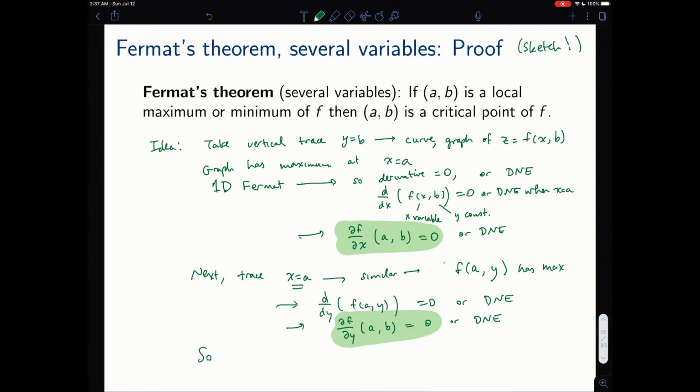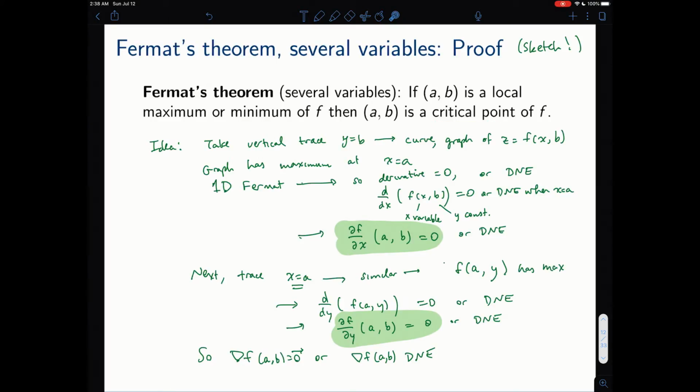So the partial derivatives could both be 0, or the only other possibility is that one of them doesn't exist, or both of them don't exist, and then the gradient doesn't exist, and that makes this a critical point.